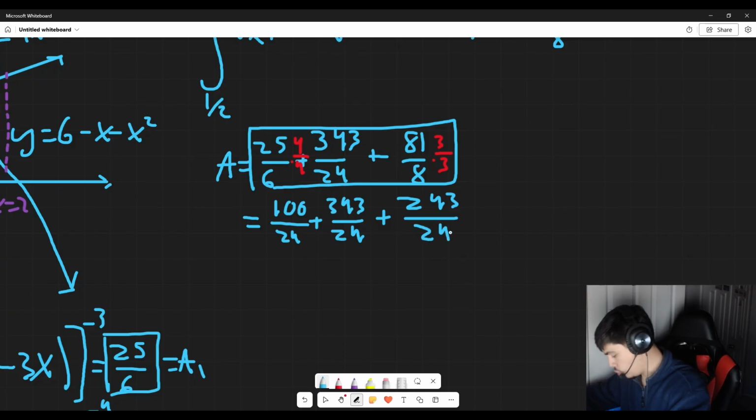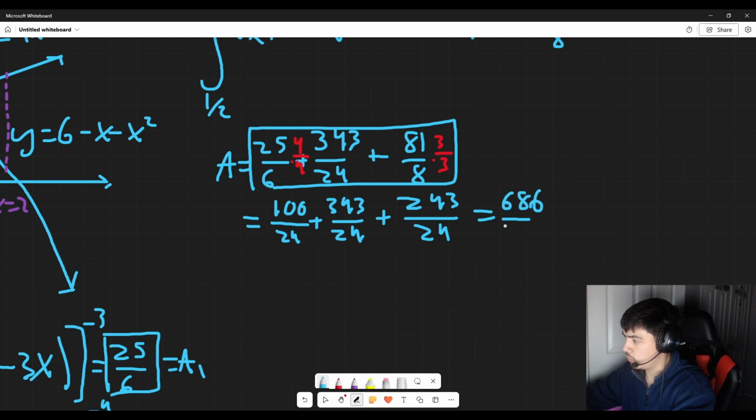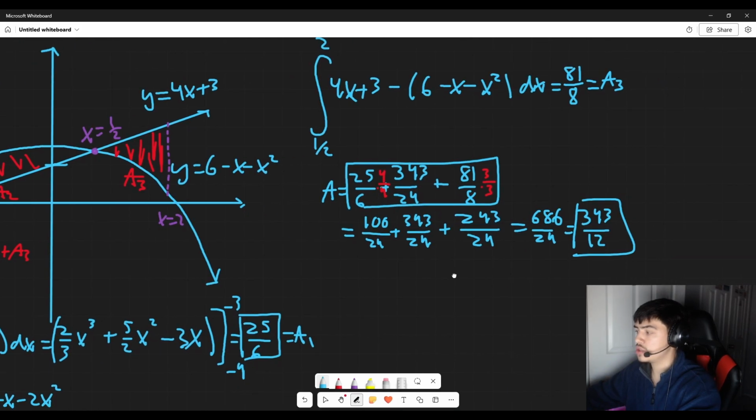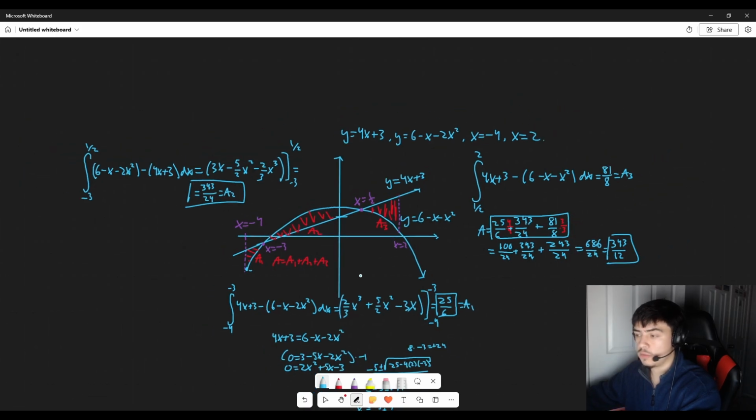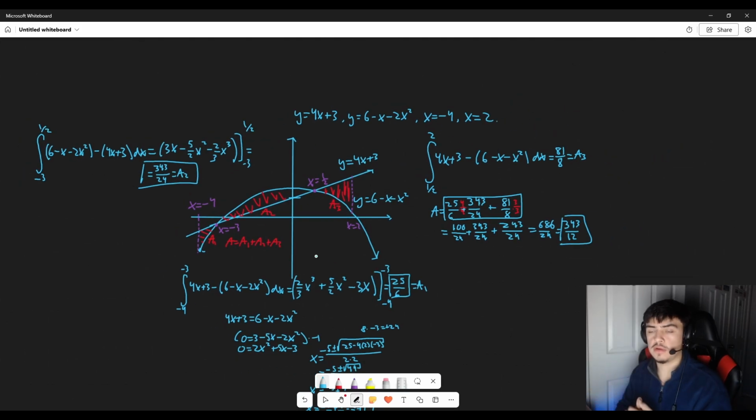Now adding up all the numerators together, we get 686 over 24, which we can simplify by just dividing the top and bottom by 2. And there we go. That's the final area, 343 over 12. That's the total area between all these regions bounded by the curves.